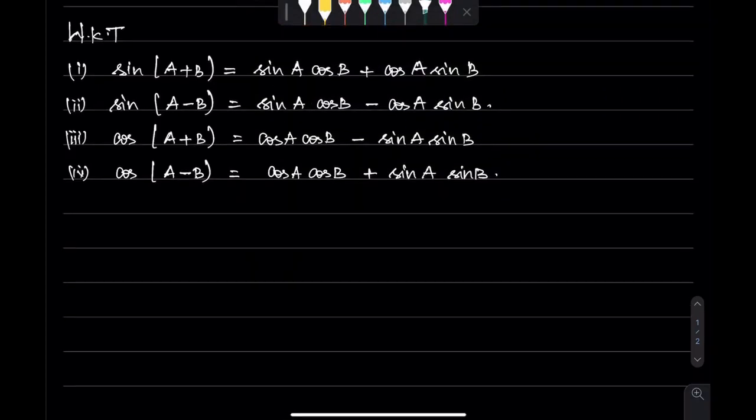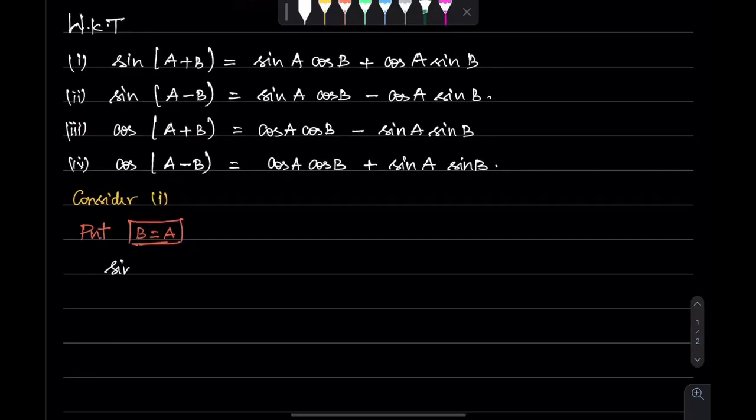Let us consider the first one. You put b equal to a. So what do we get, children? Instead of b, if I use a, I get sin(a + a) equal to sin a cos a plus cos a sin a.